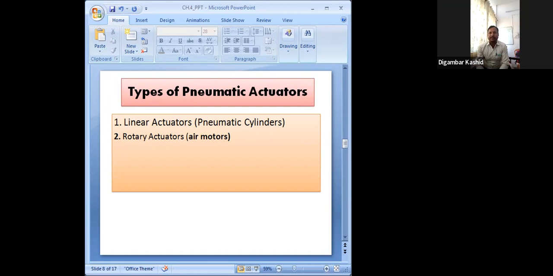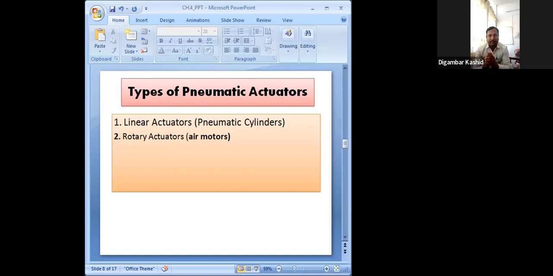Please remember one thing, and you can take a note of this line: the construction, working, operation, and functions of hydraulic actuators and pneumatic actuators are very similar to each other.